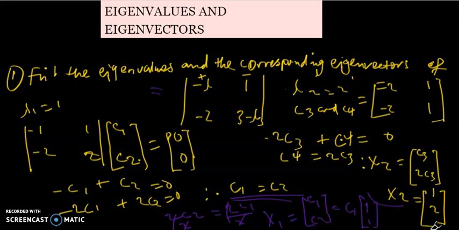From the determinant we get lambda 1 and lambda 2, which are the eigenvalues. Then we replace those values for lambda, and we are able to find x1, x2, which are the eigenvectors.